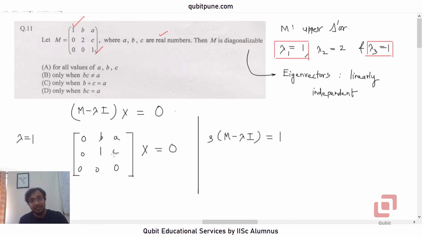We already know that it is less than or equal to 2, because of the third row being 0. So the rank of this matrix is either 2 or 1, but the moment it becomes 2, the eigenvectors corresponding to 1 become linearly dependent. We don't want that, because that would make M non-diagonalizable. We want it to be diagonalizable, so the rank should be equal to 1.